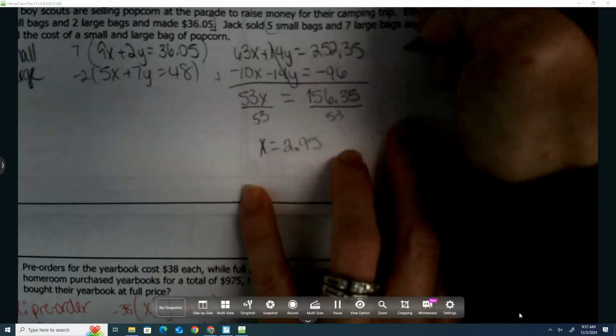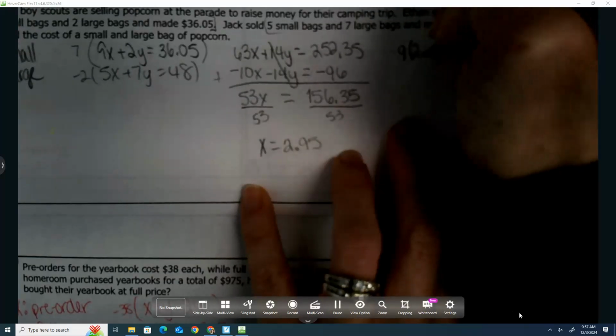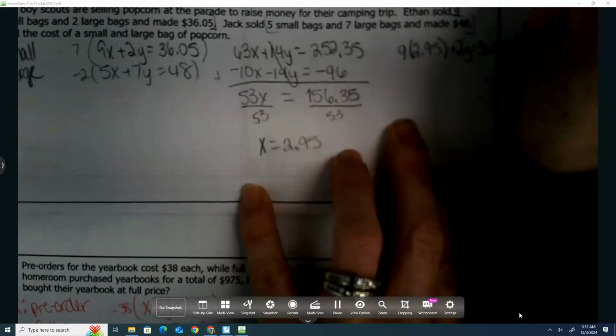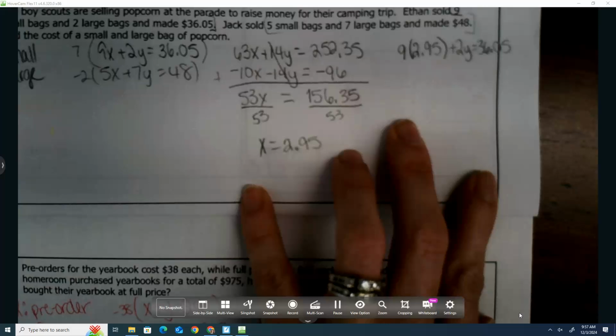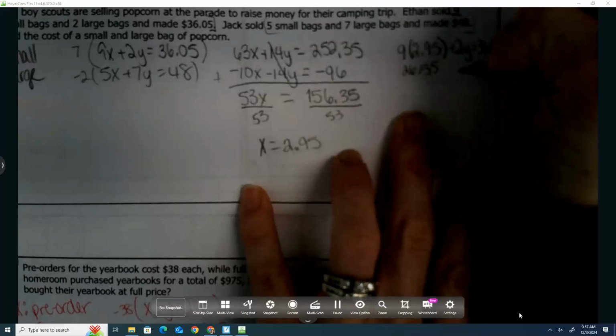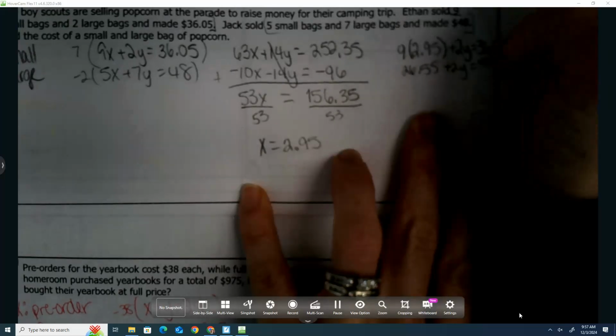So we can go back to the original. 9 times 2.95 plus 2y equals 36.05. So 9 times 2.95 is 26.55, plus 2y equals 36.05.